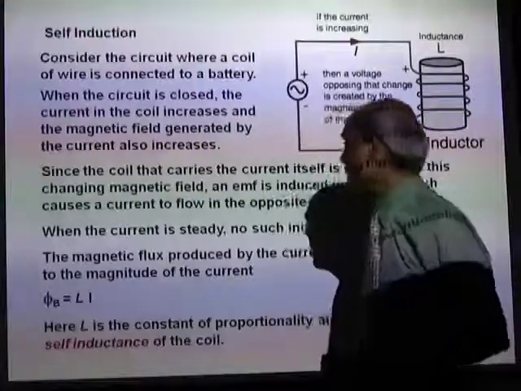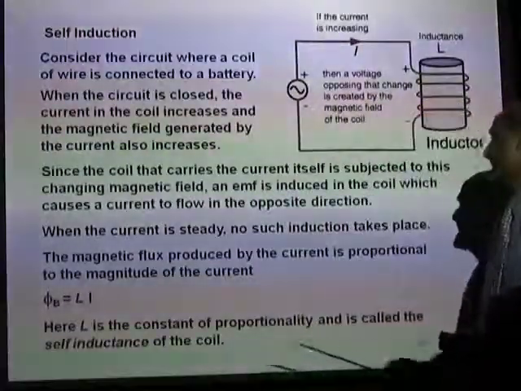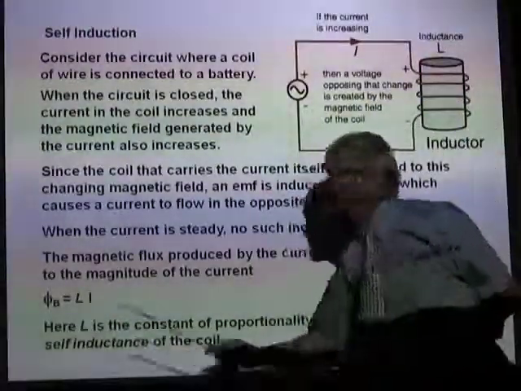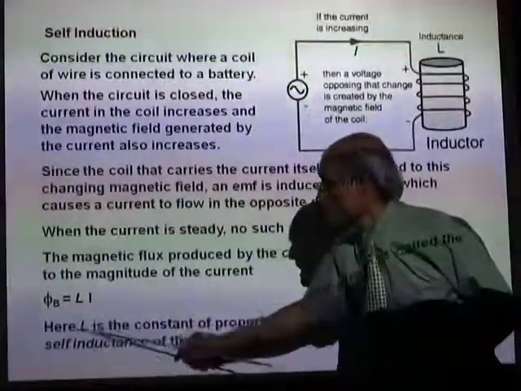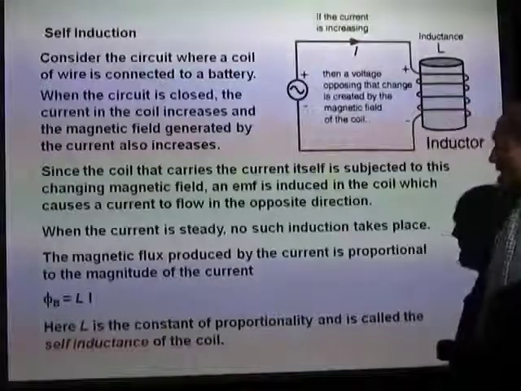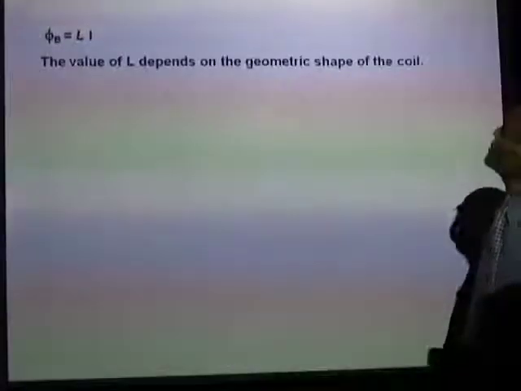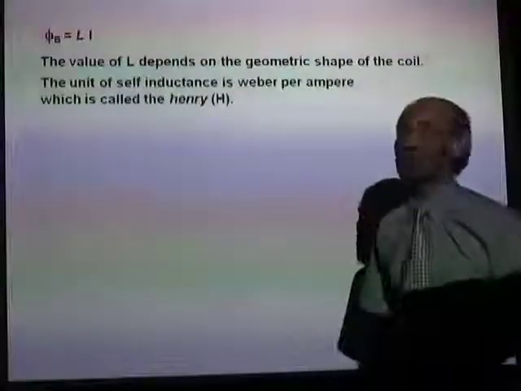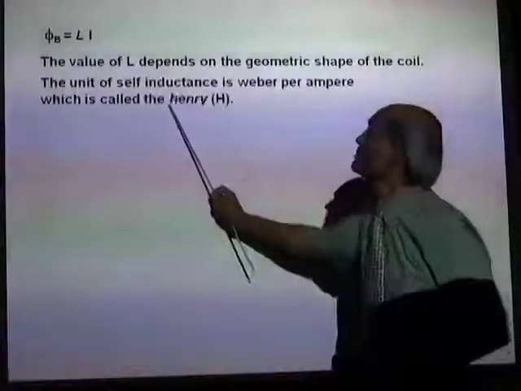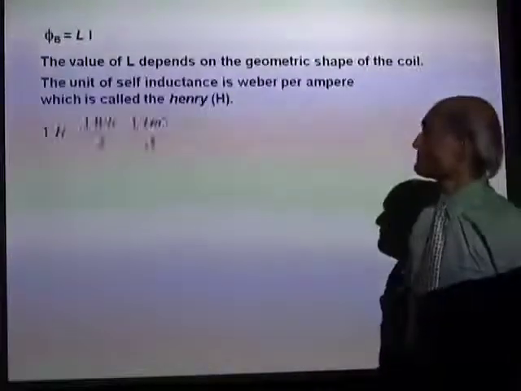And this L is called the self-inductance of the coil. We represent it by L, and it is measured in a unit called Henry.